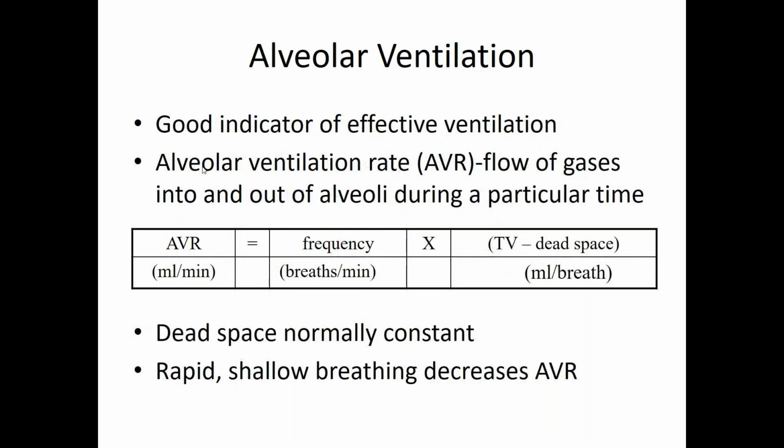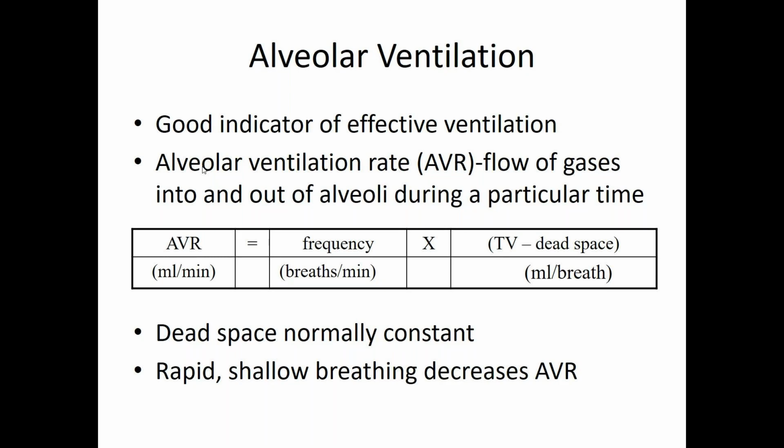If, on the other hand, we want to get maybe a better indicator of actual ventilation, we'll get to what's called AVR, or alveolar ventilation rate. This is the flow of gases in or out of an alveolus during a particular moment in time. The way we're going to get this is frequency multiplied by total volume minus dead space.